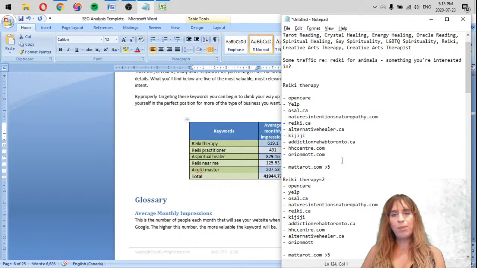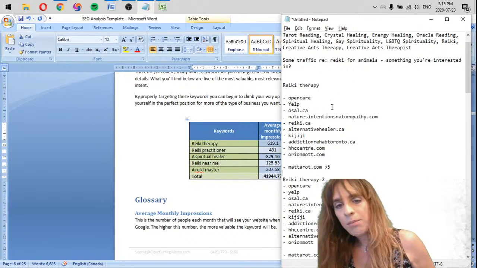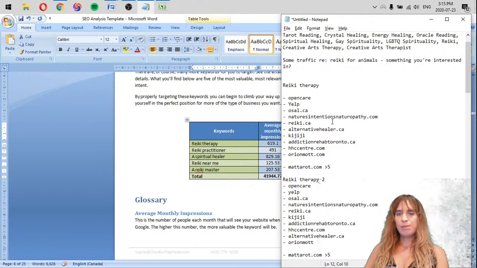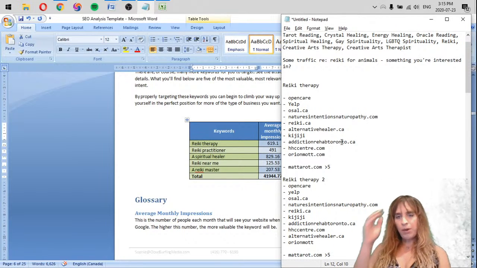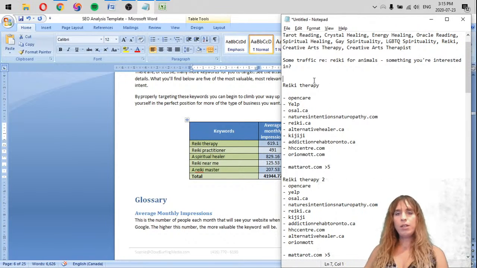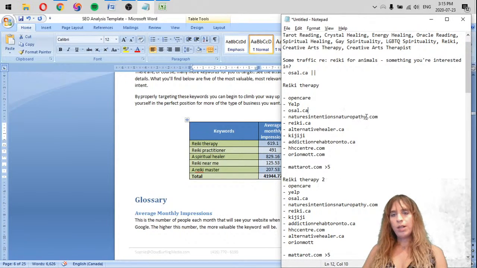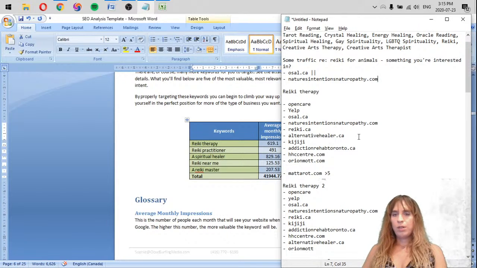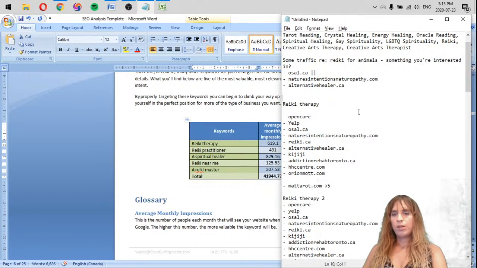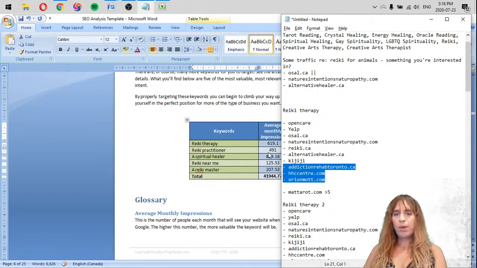So now what we do is I'm going to go through these and mark which ones are clearly coming up ahead. So Osal, we're going to mark how many times a URL shows up on page 1. So it's 2 so far. Nature's Intentions, and these 3 were relevant as well.